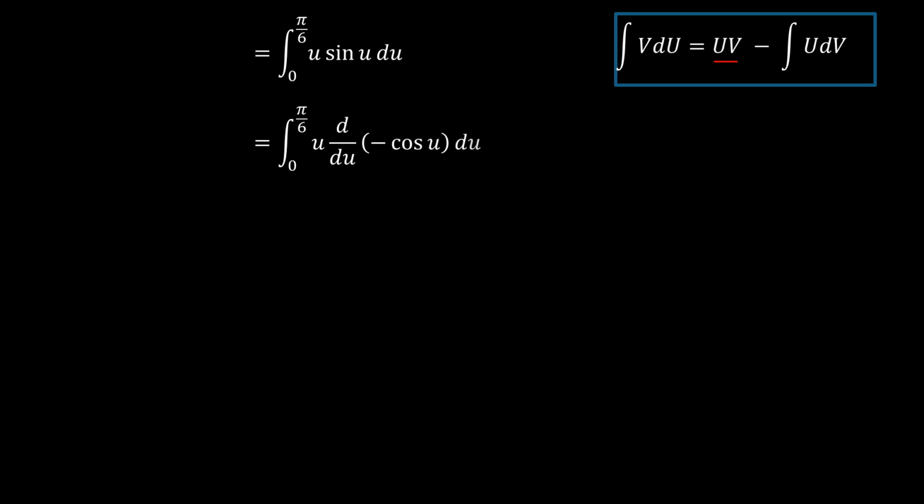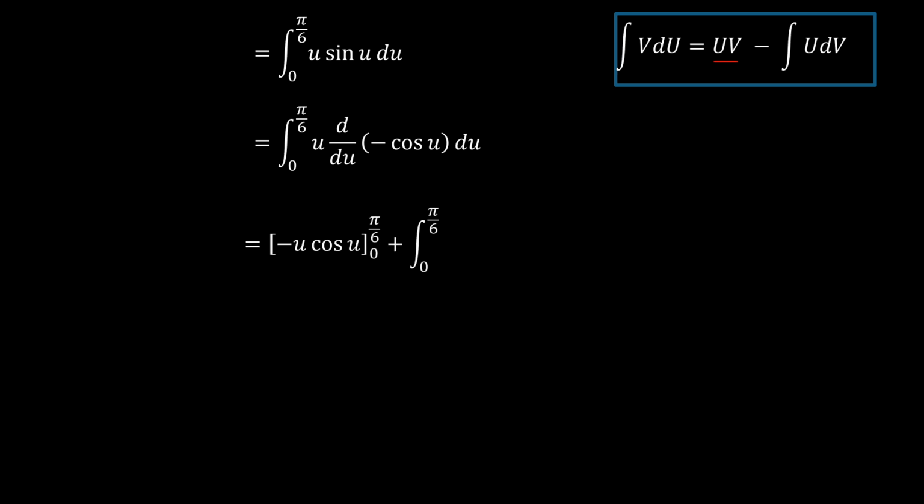And so here we can relate this in such a way that the capital V can be equated to the small u, the capital U can be equated to negative cosine u, such that now the product UV is negative u cosine u, limits applied appropriately.